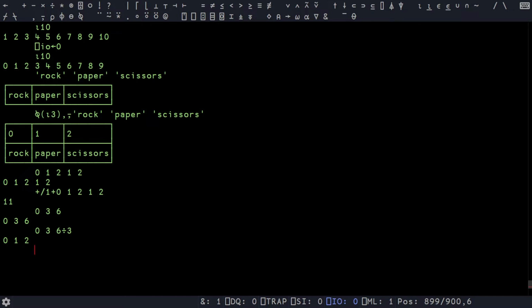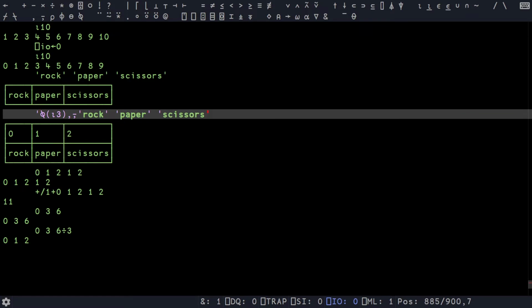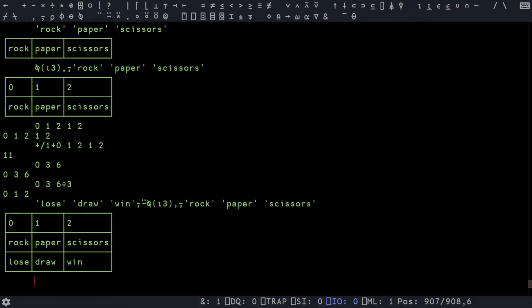So if we can map our losses, draws, and wins into this range, then if we multiply those values by 3, that gives us our total score for the results of our different matches. So if I do, just to make this explicit, we have lose, draw, and win. These will also be in the same range.